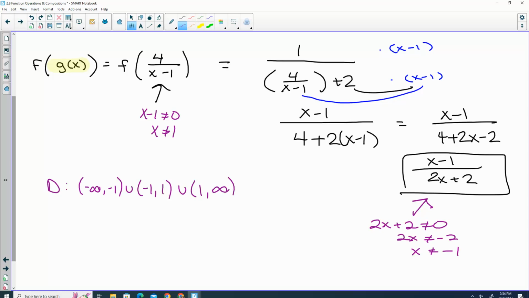My general rule, I want interval notation, but if you have more than one value that x cannot equal, I will allow you to just tell me x cannot be positive or negative 1. So on these, if it's only a single value x can't be, I definitely want the interval. If you get 2 or 3 values that x can't be, go ahead and just say x can't be those things, and I won't make you write the interval for that.